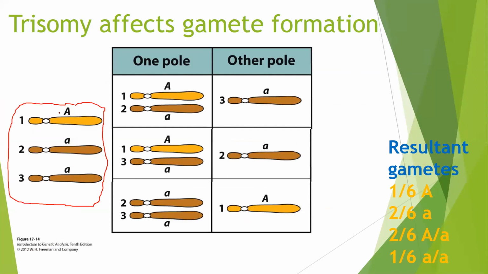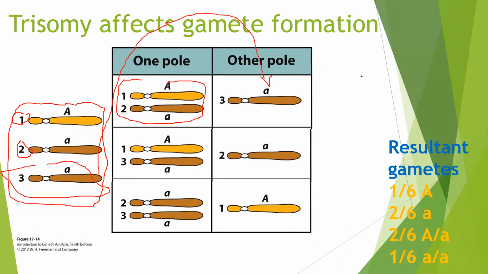Let's see what possible gametes this parent can produce. If the number 1 and the number 2 come together, it will generate this genotype, and this will leave this one here. This is 1/3 of the possibility.